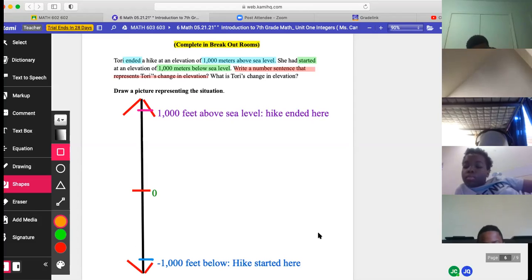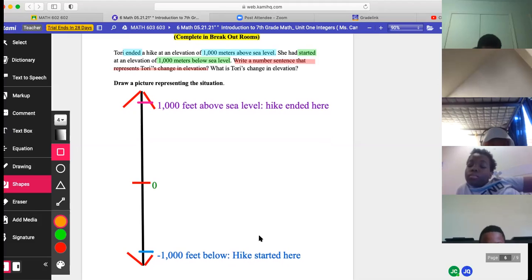She had started at an elevation of 1,000 meters below sea level. Write a number sentence that represents Tori's change in elevation. What is Tori's change in elevation? Draw a picture representing the situation.